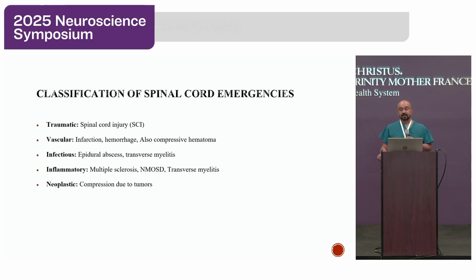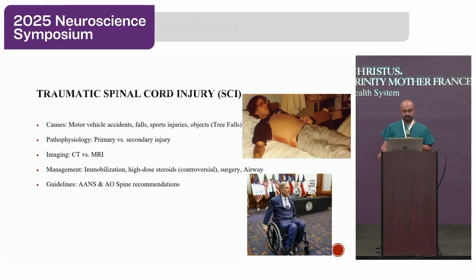Transverse myelitis can be inflammatory or infectious. Other inflammatory processes can be multiple sclerosis and neuromyelitis optica spectrum disorders. Neoplastic compressions, whether it's a primary tumor of the spine or a metastatic lesion, can also compress the spine, giving spinal cord emergencies.